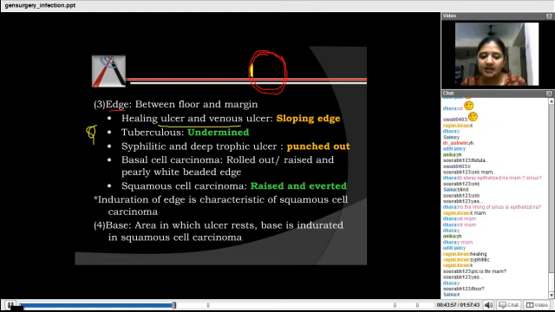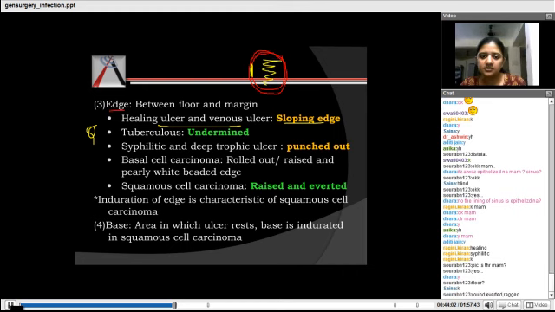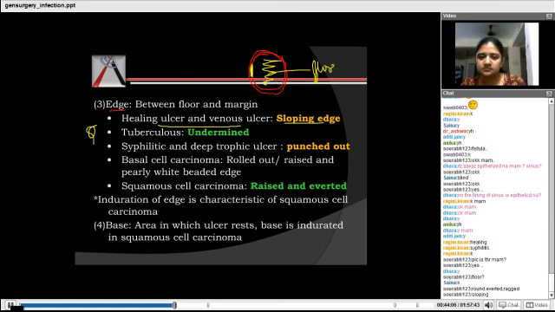A healing ulcer and a venous ulcer will show a sloping edge. Tuberculous will be undermined. Syphilitic and deep trophic ulcers are punched out. If it's a carcinoma, especially a basal cell carcinoma, it will have a rolled out and raised pearly white beaded edge.